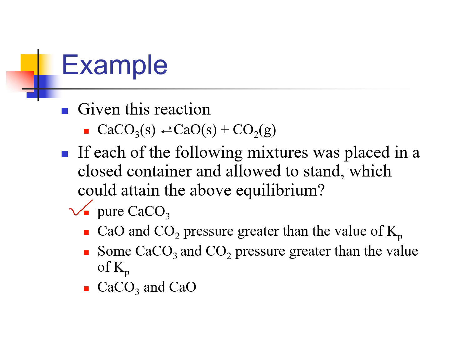Now we have CaO and CO2, with pressure greater than the value of K sub P. Now remember from the previous slide, at equilibrium, the pressure of the CO2 is going to be equal to the K sub P. Because it says the pressure is greater than the value of K sub P, that means the pressure of CO2 is too high.